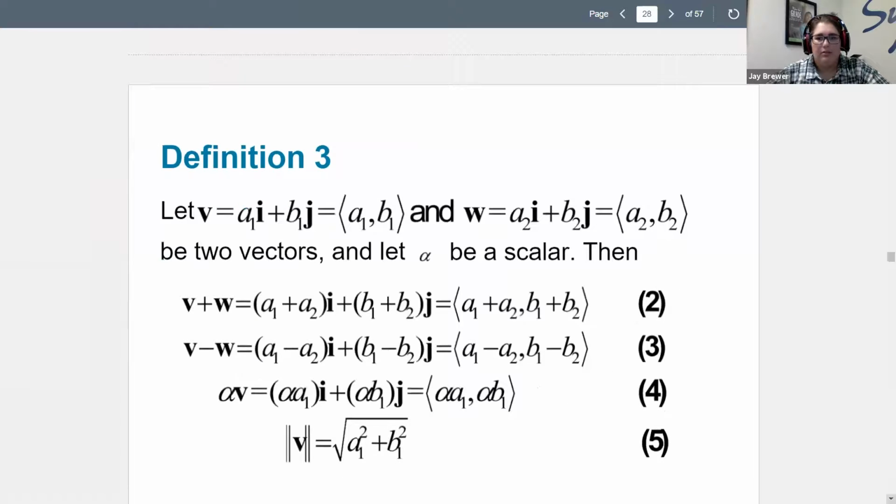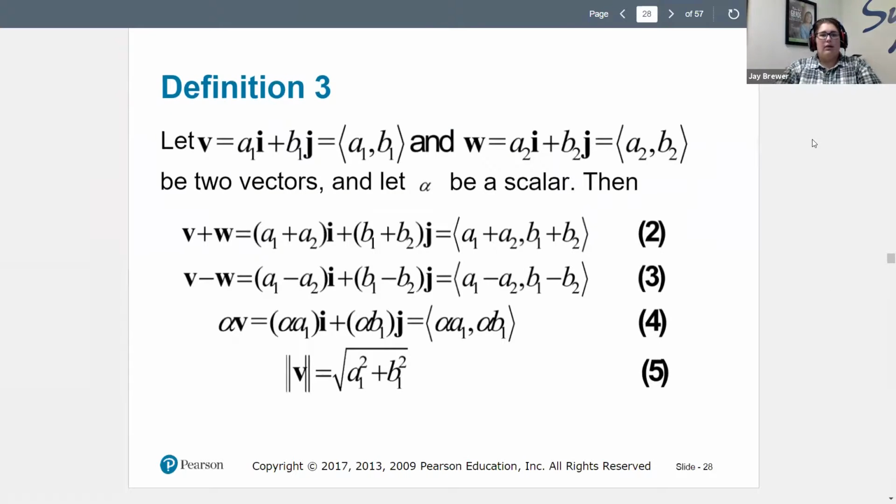All right, definition 3. Let vector v equal a sub 1 i plus b sub 1 j, again, i and j are your unit vectors, and w equals a sub 2 i plus b sub 2 j, be two vectors, and let alpha be a scalar, then we get the following. So it's just basically going through and showing you how to do vector addition and subtraction along with the scalar multiple, and then finding the magnitude.